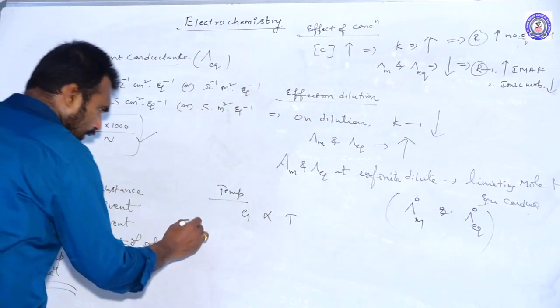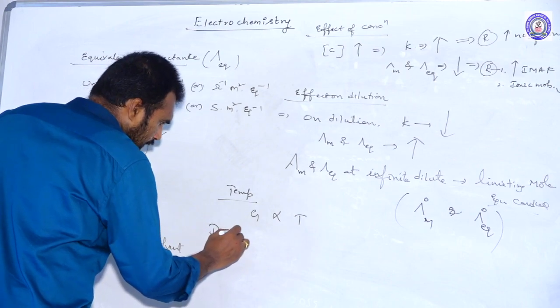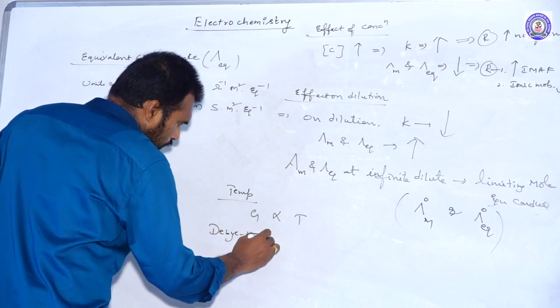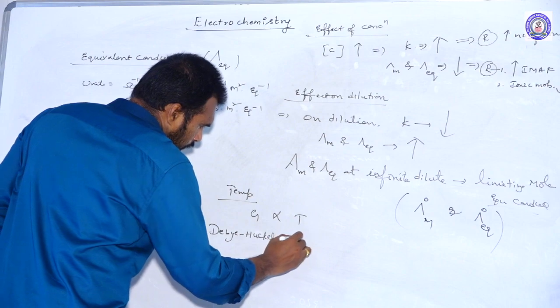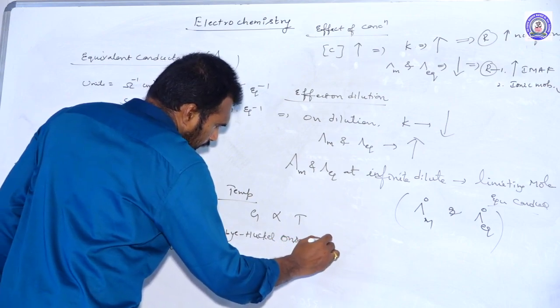And the fourth one, here you should know the Debye-Huckel-Onsager equation.